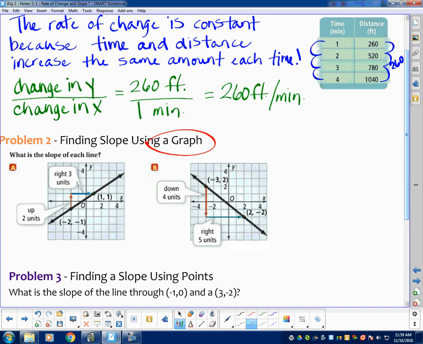Rise over run, because we're just going to count it. So you can choose any 2 points. They've chosen a couple of points for us here, but I could have chosen this point and this point up here. It doesn't matter. It'll all reduce to the same amount.